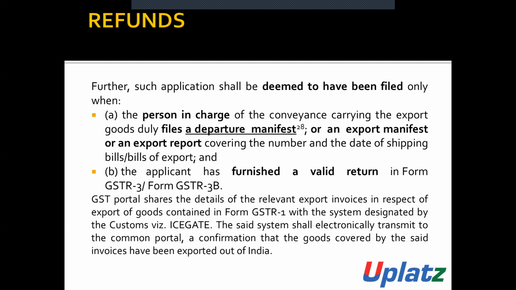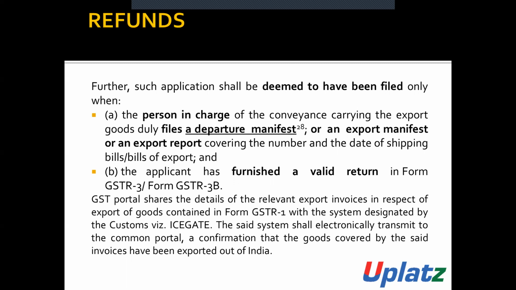When there is the export of goods and when the GSTR1 is filed by the person, such GSTR1 contains all the detail of outward supply. So the export is also an outward supply. The export of the goods is also the outward supply. So the GSTR1 will also contain the information about such outward supply.